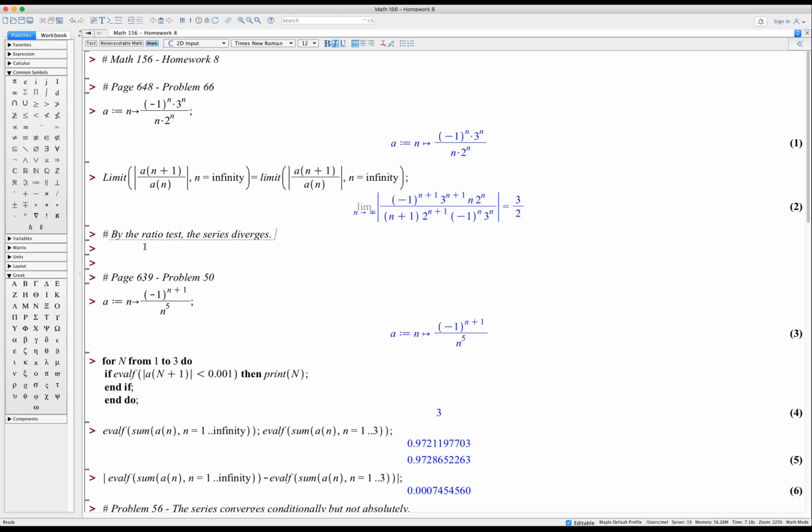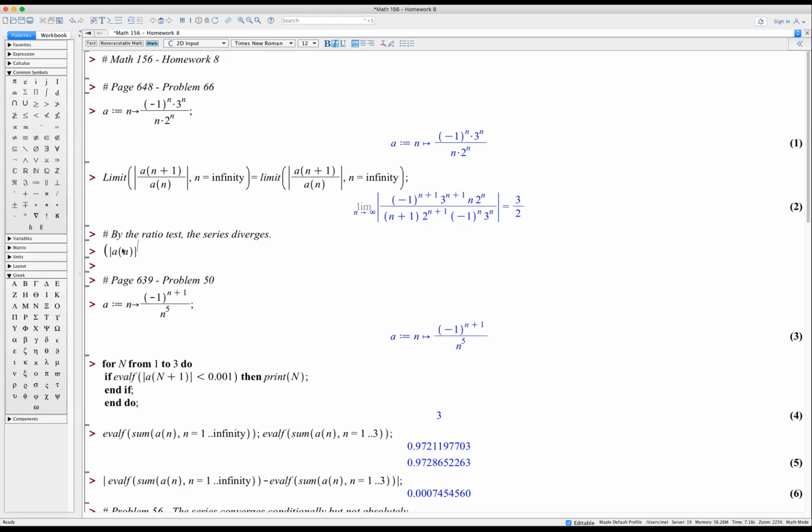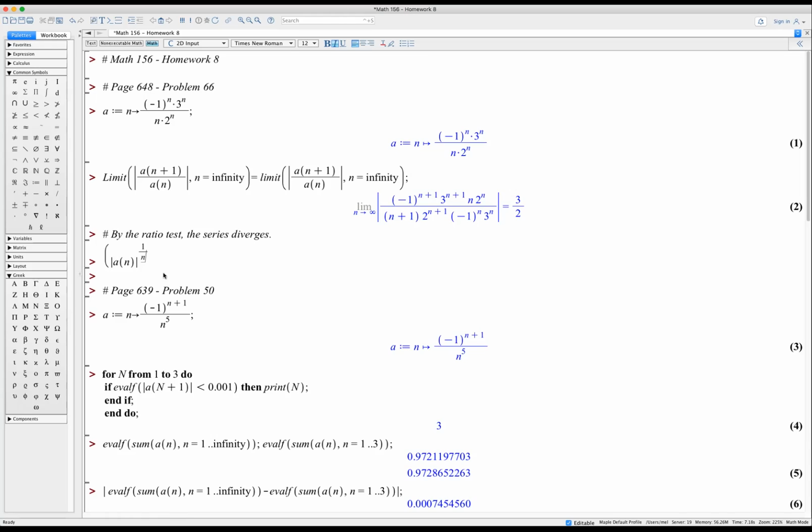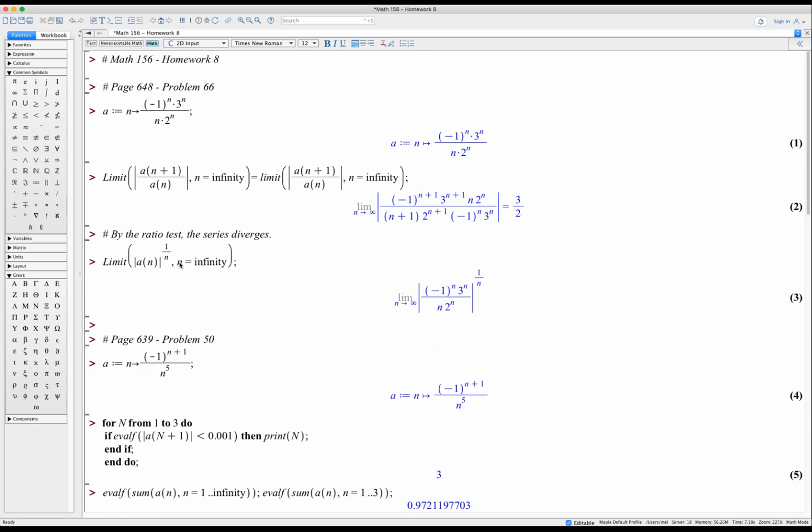Let's also try the root test. In the root test, you take the nth root of the absolute value. So you have the absolute value of A of n raised to the power 1 over n. And we want to take the limit of this as n goes to infinity, right?